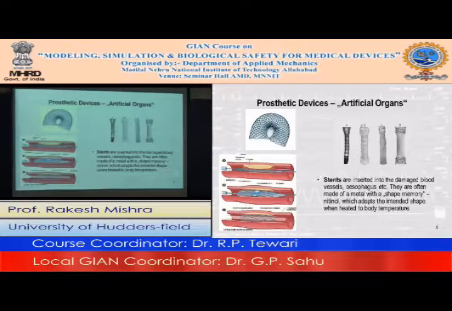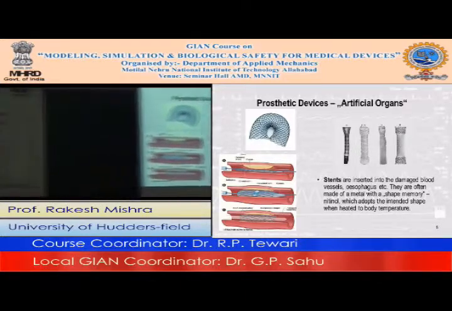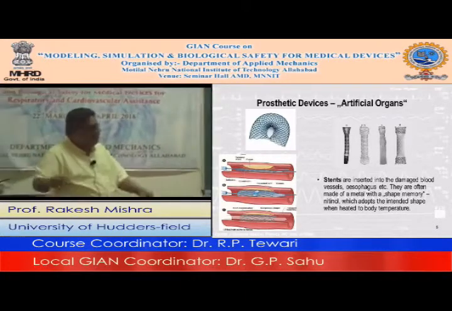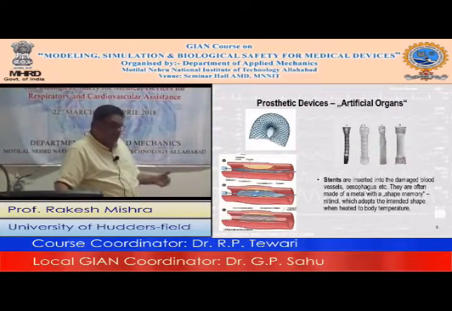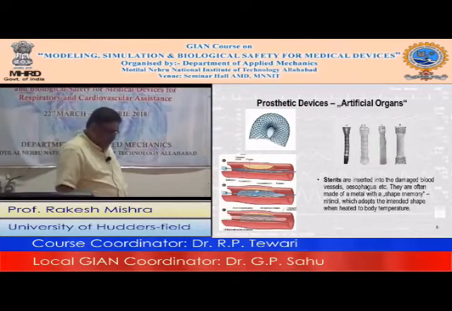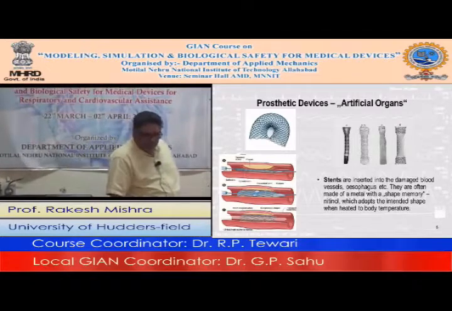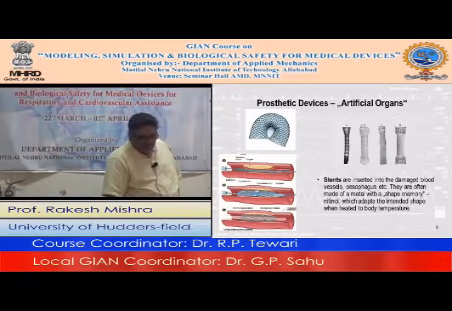In this particular class, we will discuss the full implications of having different types of stents. We will be analyzing 3 different types of stents with different complications and see how they perform within the arterial system. We will also discuss the issues, like you can see here, plaque formation.